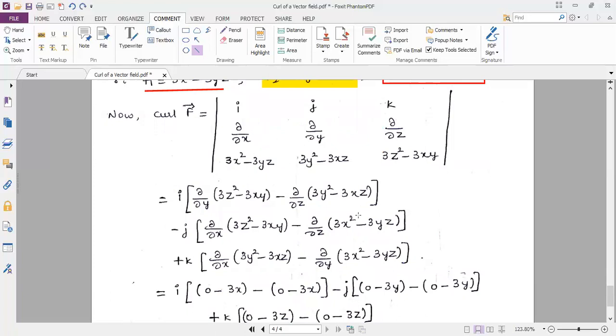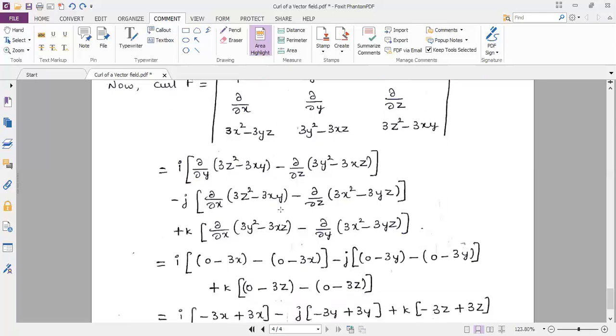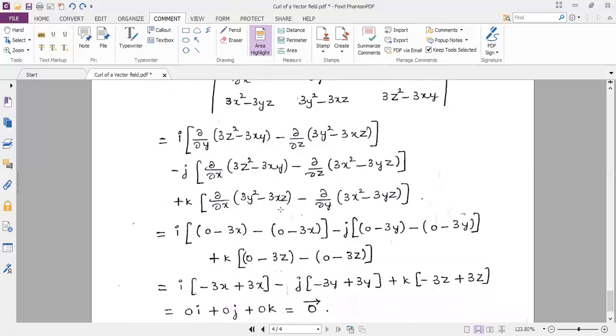Now performing the partial differentiation for simplifying. So ∂/∂y of 3z² − 3xy: differentiation of 3z² partially with respect to y is 0. So 0 minus 3x into 1, since with respect to y, differentiation of y is 1.